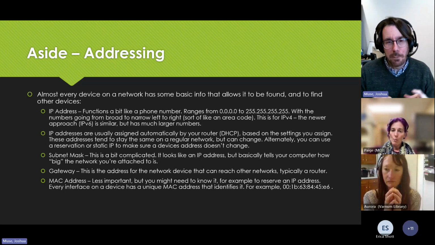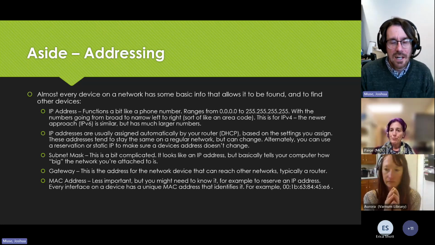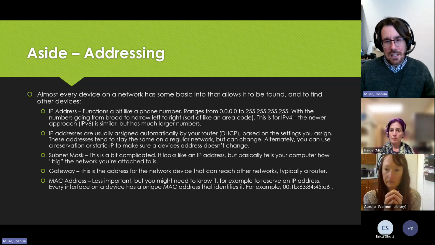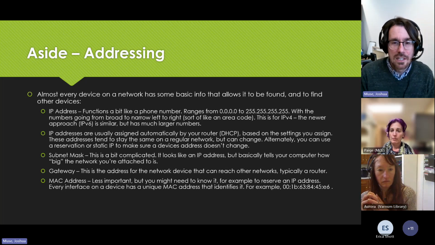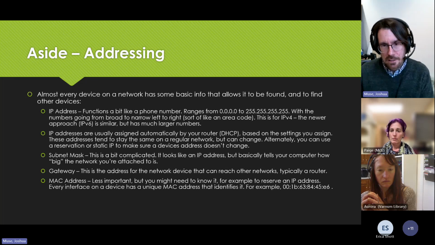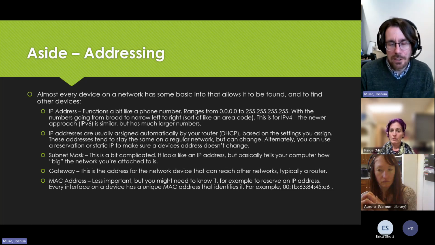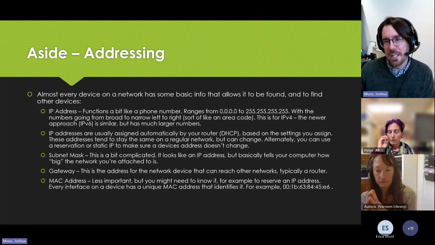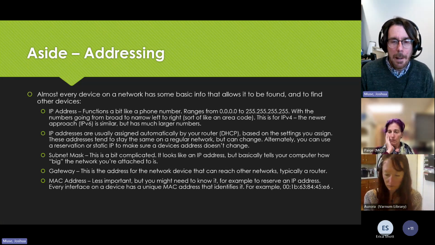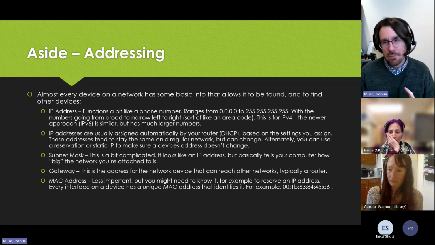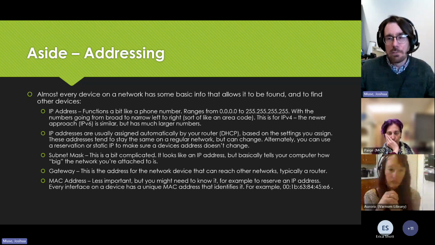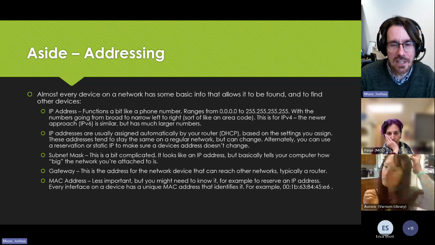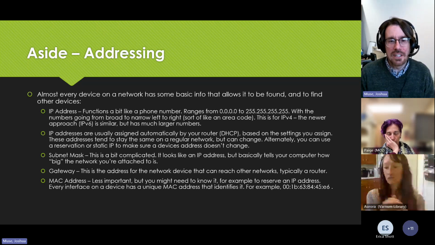Again, this is not literally how it works, but it's just to give you an idea. And then the next number might be a smaller network. So in most cases, the last number, from 0 to 255, all the things on your network are going to be within probably one range of those. If you have divvied up your network into different places, you might have different IP addresses. You don't really need to go into the weeds on this. It's just generally how it works.